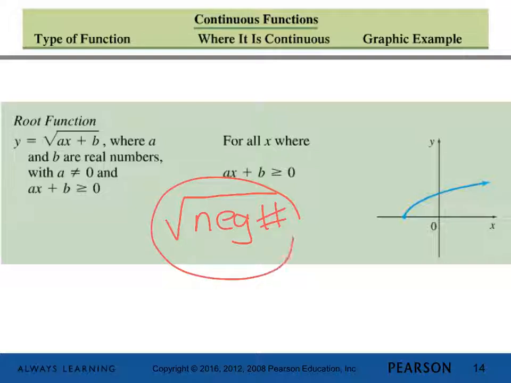That, again, is not allowed. So this function is only going to be continuous on some interval where its radicand, which is ax plus b, is equal to or greater than 0. And we'll look at a more specific example of this in a minute.